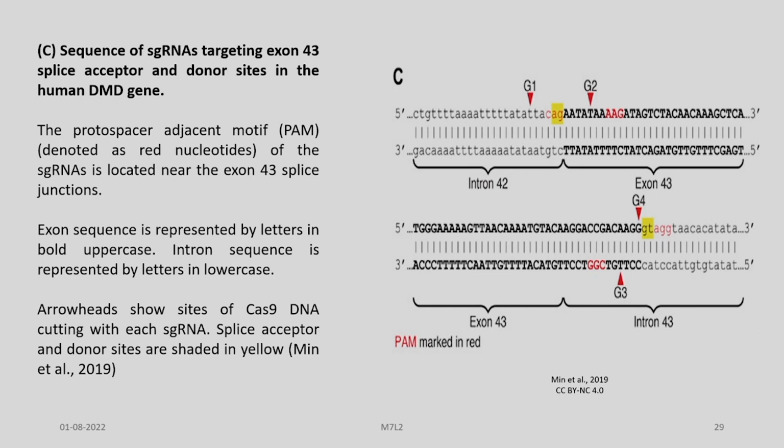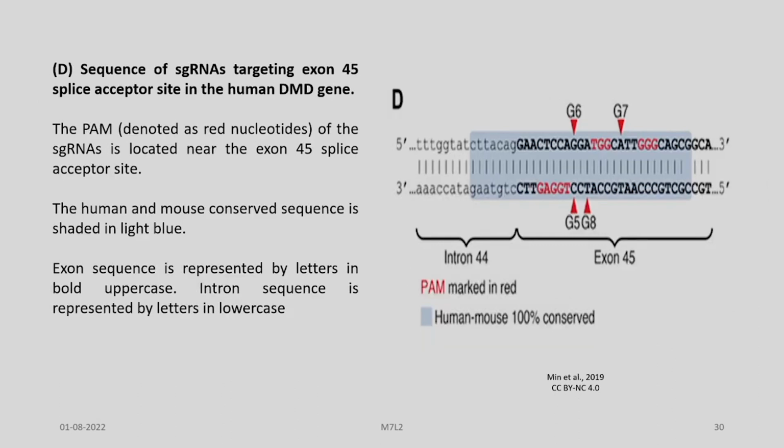Exon sequence is represented by letters in bold uppercase. The intron sequences are represented by letters in lowercase. You can see the arrowheads; they show the sites of Cas9 DNA cutting with each single guide RNA. Splice acceptor and donor sites are shaded in yellow, as you can see in the picture.